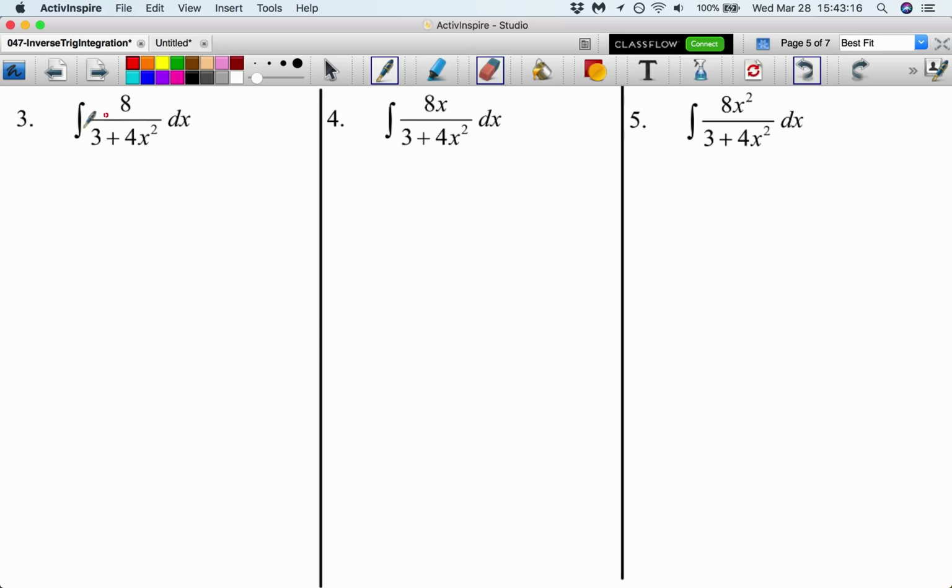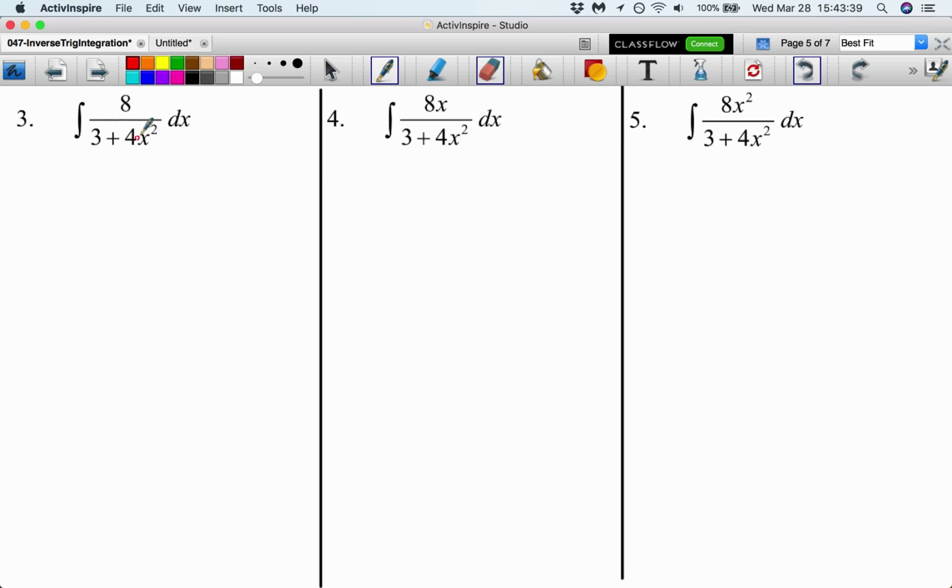So what do I notice here? I notice that I have no x's in top. That kind of matters. You'll see why in a second. I also notice that the bottom has at least one square in it. So something I should be on the lookout for always is natural log.